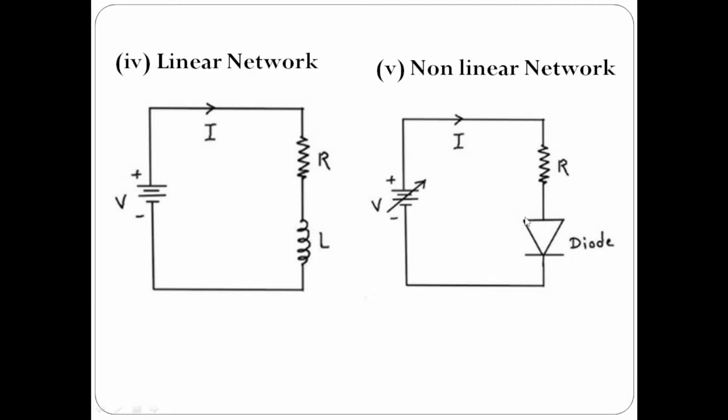Such elements are known as non-linear elements or non-linear networks, and they won't obey Ohm's law. If a diode or transistor is there, they won't obey Ohm's law, but if RLC are there, they will obey Ohm's law.